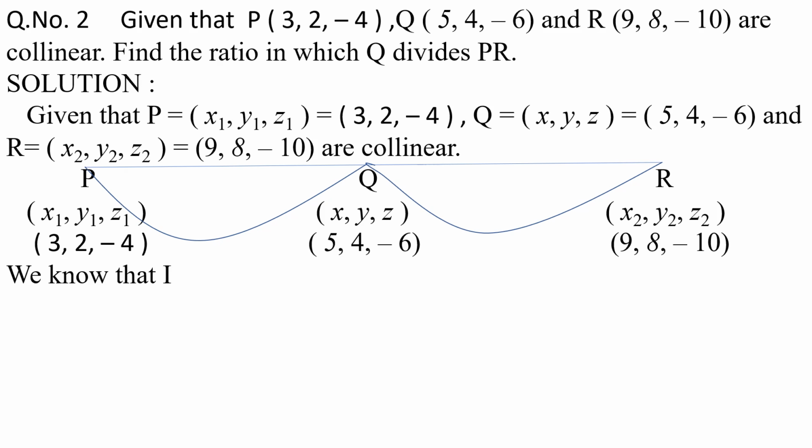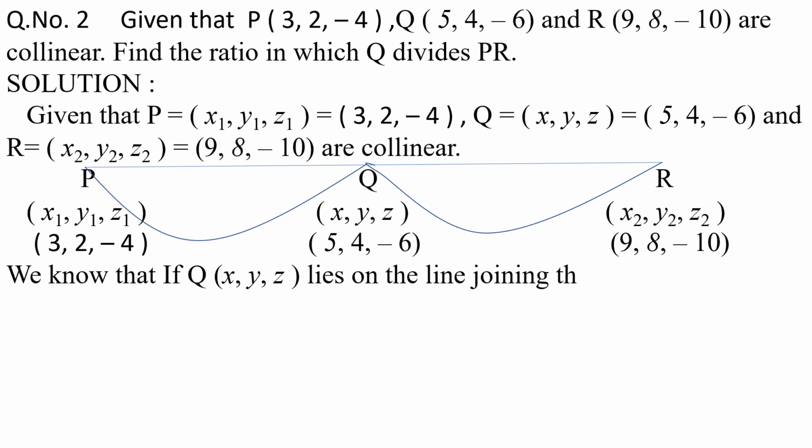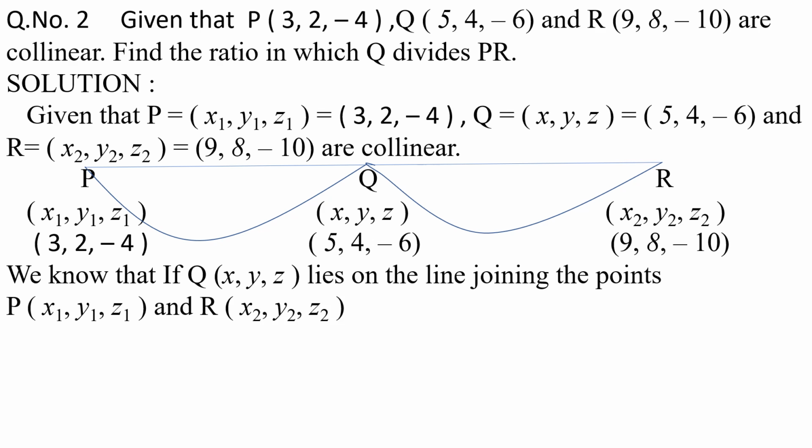We know that if Q, the ordered triplet x comma y comma z, lies on the line joining the points P x1 comma y1 comma z1 and R x2 comma y2 comma z2, then Q divides line segment PR in the ratio.